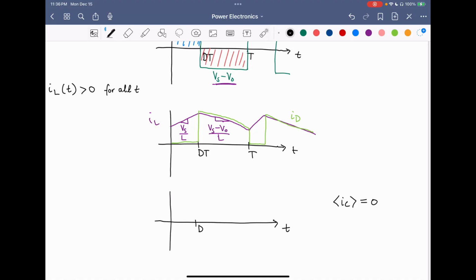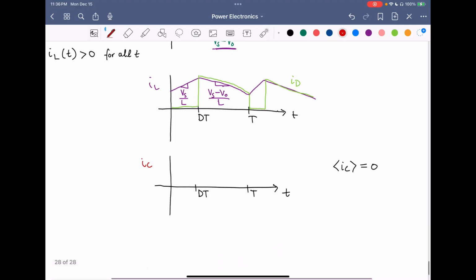So in the dt interval, we had the capacitor current is equal to negative V naught over R. And then in the d prime t interval, we have it equal to the inductor current, but shifted down by V naught over R. So it takes on the same shape as IL, but we have the output load current subtracted from it.